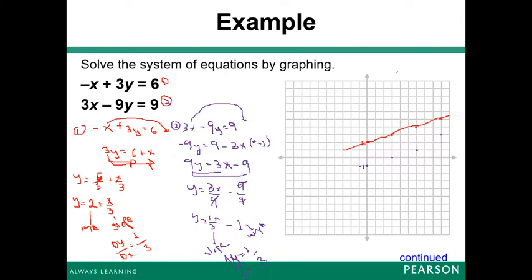Okay, but look at that. 1, 1, 2, 3. We have a problem. Look at this one. This is moving in parallel form. So we don't have an intercept in this case. The same point is here.